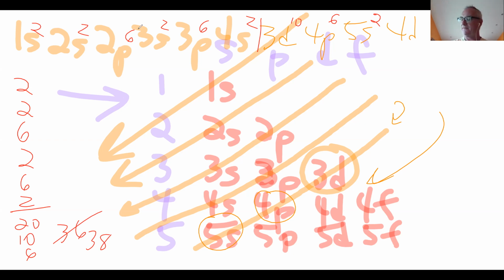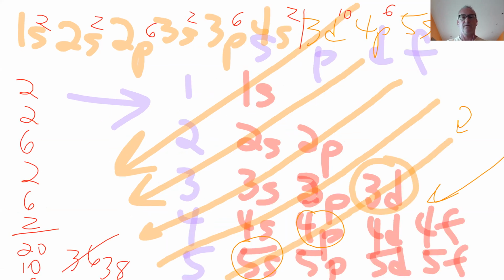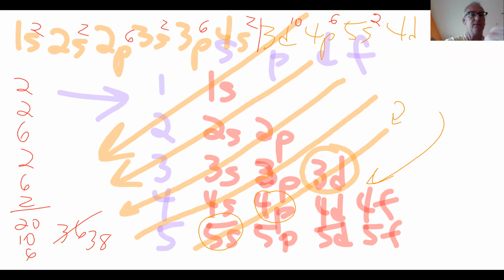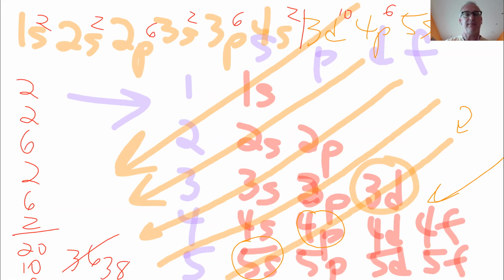I need 5 more. 4d, 5. Oops. So 4d5. It will not let me write up there. All right. So let's see if we're right. Let's go back to the answer.